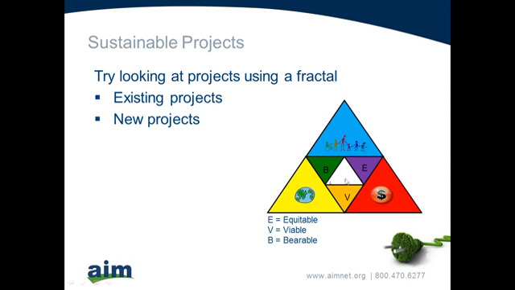Now, one particular overlap from a social and economic standpoint might be volunteerism or philanthropy. Our organization may see the benefit of donating money to local charities, so they want to invest in the local community. They want to demonstrate to the community that they are good citizens, and that's an equitable type of investment.